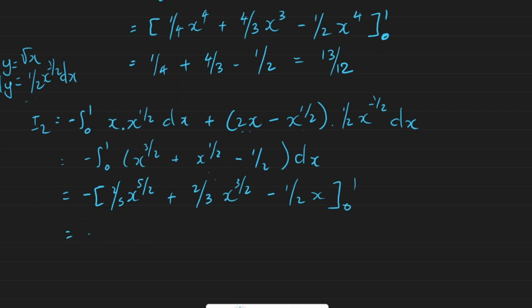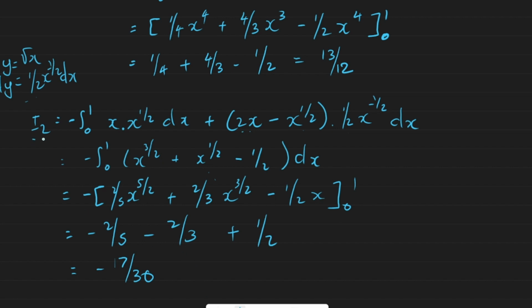And that just gives us minus 2 over 5, minus 2 over 3, and plus a half when we substitute 1 in. And then if we compute this fraction, we get minus 17 over 30.